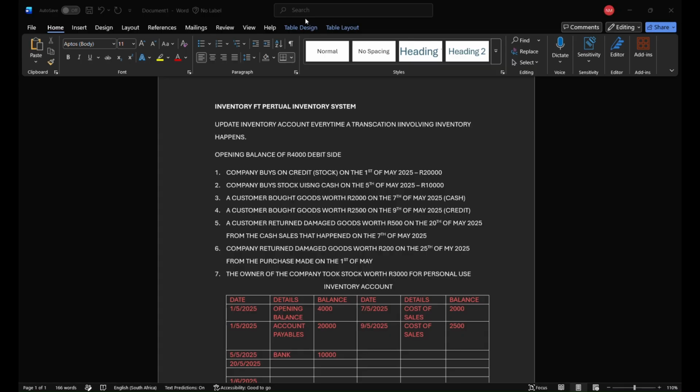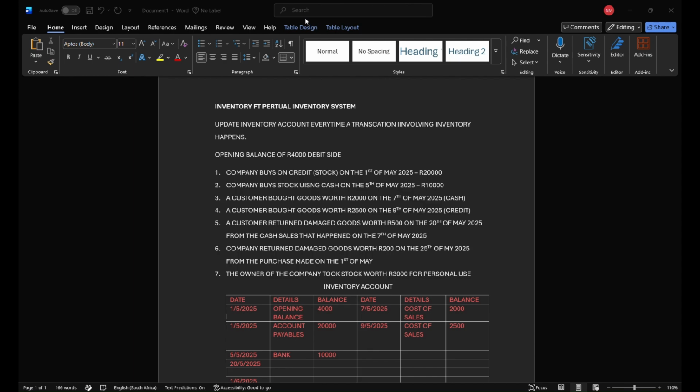And then transaction number 5, a customer returned damaged goods worth 500 on the 20th of May 2025 from the cash sales that happened on the 7th of May 2025. So basically what we're doing here is reversing the transaction. The stock that was bought is now being returned to the company, which means that the inventory account is going to increase.